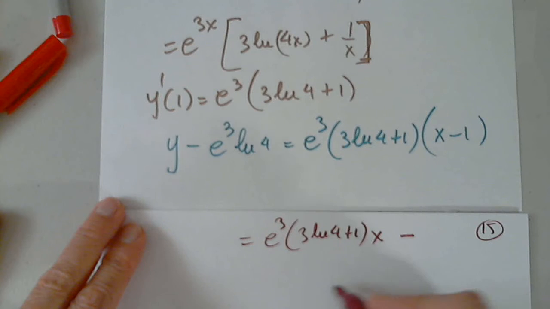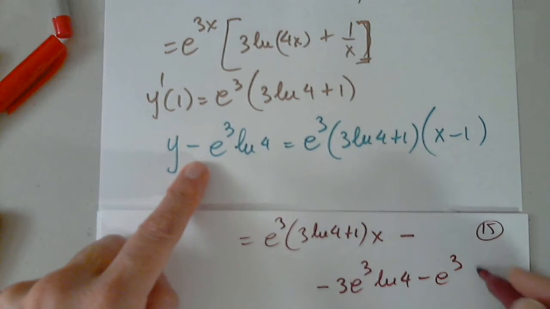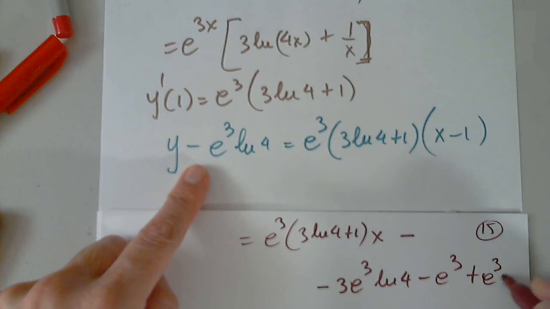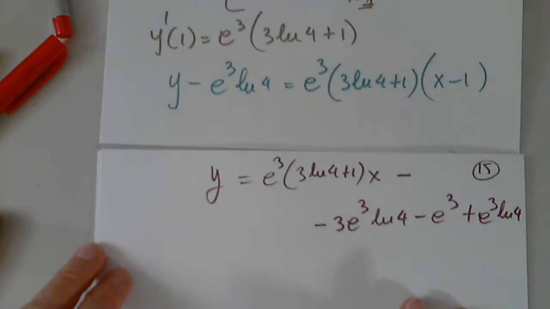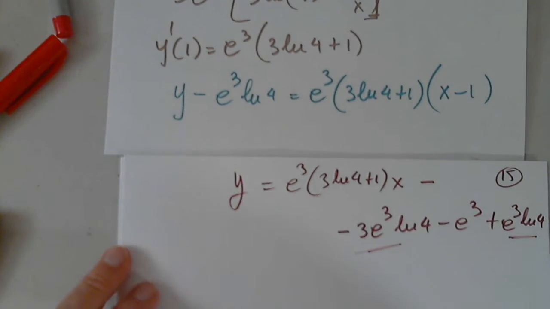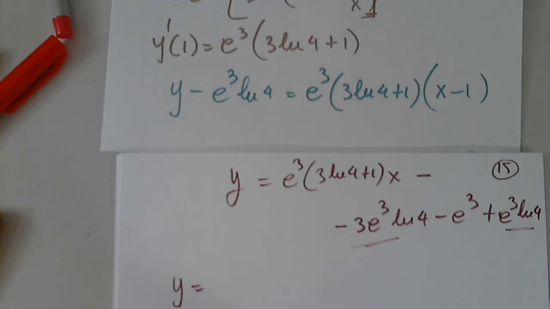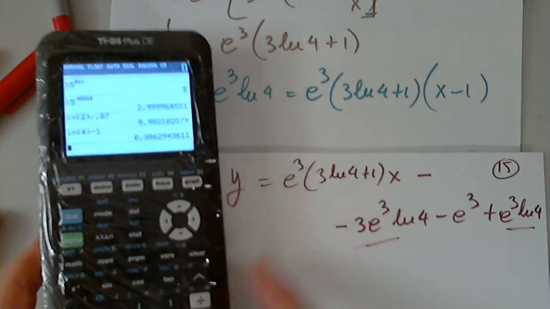And then minus 3e to the third natural log 4 minus e to the third, and then plus e to the third natural log 4. And that's our y. No matter what I do, I can only combine these two. There is nothing else. So I have to use the calculator and give an approximation of this.